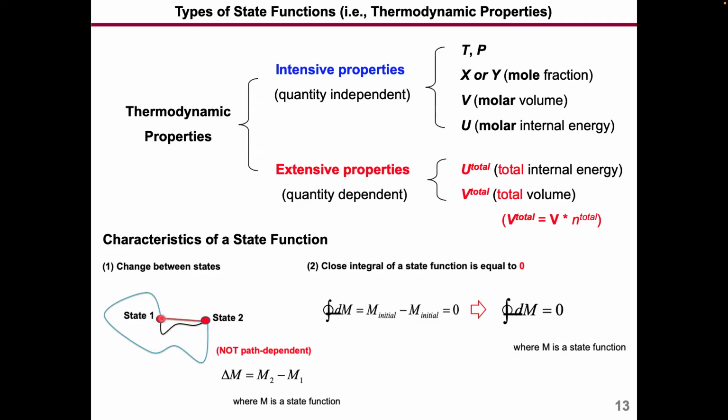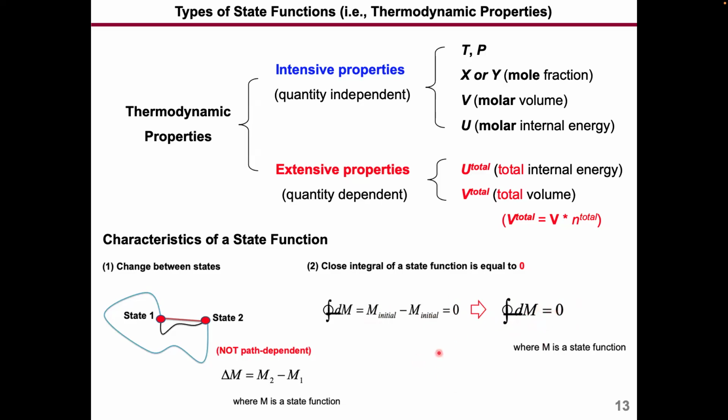Regardless of which route you take, as long as you start here and end here, your change is going to be 0, right? This is called the closed integral. It is going to be M initial minus M initial, which is essentially 0, right? So for a state function, the closed integral of dM is equal to 0, okay?